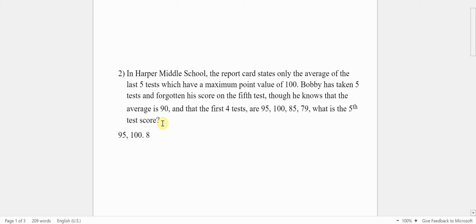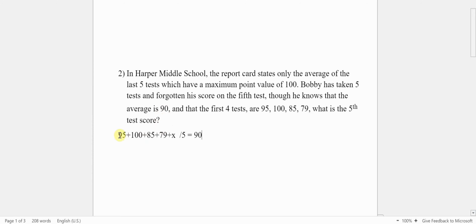So that means that 95 plus 100 plus 85 plus 79 plus X divided by 5 is equal to 90. So let's write that down. 95 plus 100 plus 85 plus 79 plus X divided by 5, because there are 5 tests, is equal to 90.